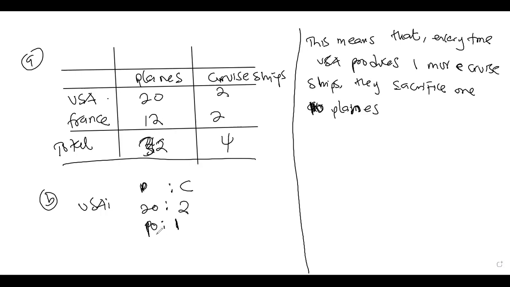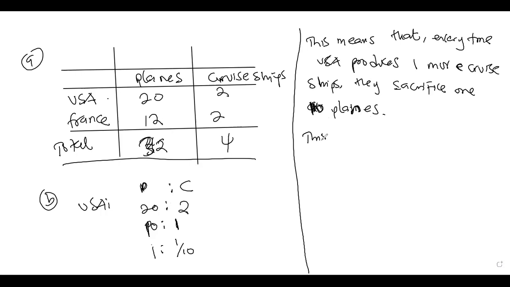Now, if you want to know how many cruise ships to 1 aeroplane, it's just simple: if less, more divide. If 1 cruise ship is to 10 aeroplanes, that means 1 aeroplane must be far less than 1 cruise ship. So it will be 1/10.